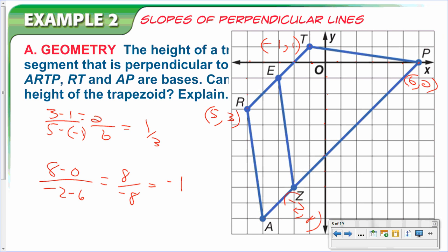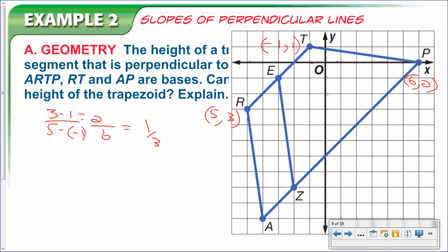No, they're not both different. Well, they're not parallel, are they? The slopes aren't the same, so they're not parallel, are they? Oh, so you know what I did? I counted wrong, didn't I? That's the wrong point.